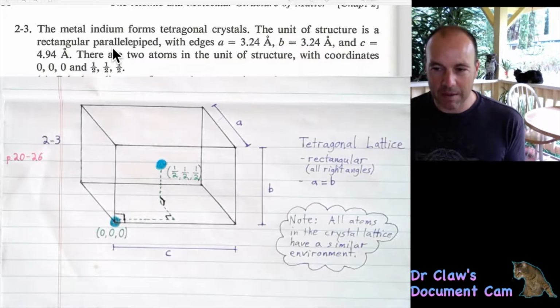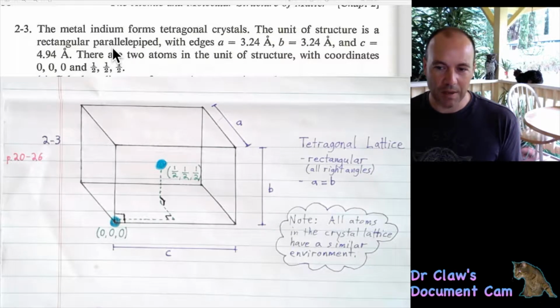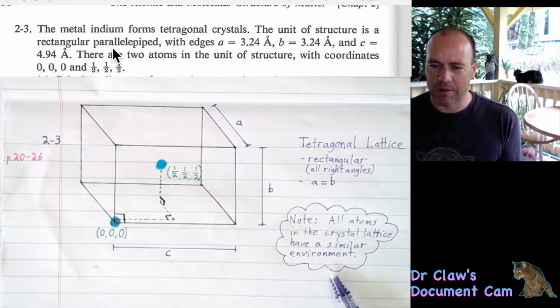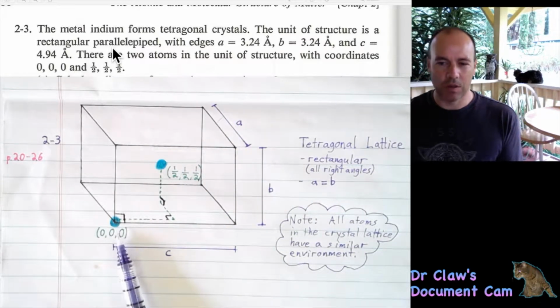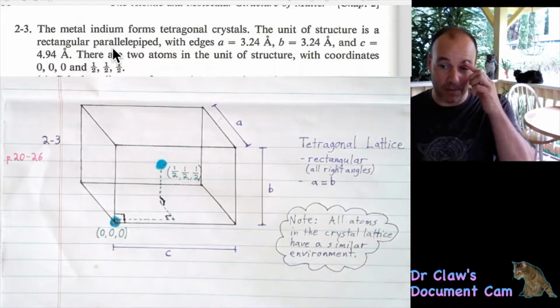Now, one thing that might not be immediately obvious for crystals and crystal structures is that all of the atoms in the crystal structure have similar environments. You don't really see that by looking at just one unit cell. All I see is one unit cell and two atoms.